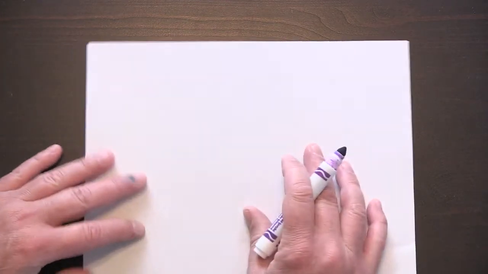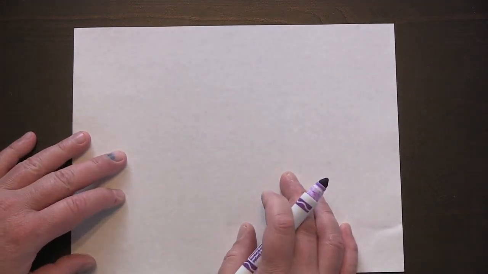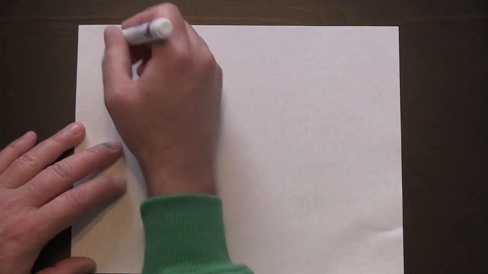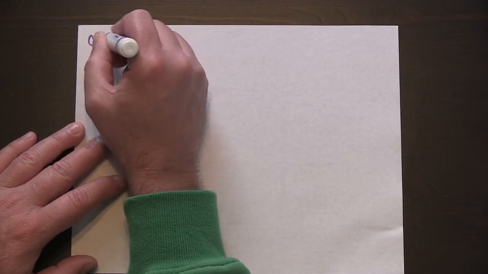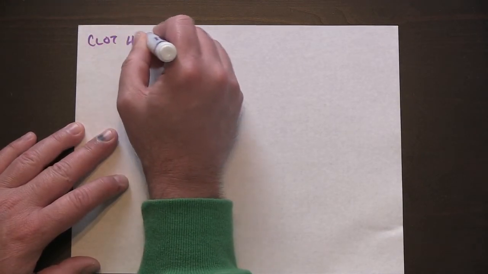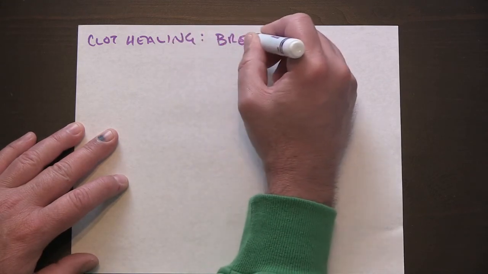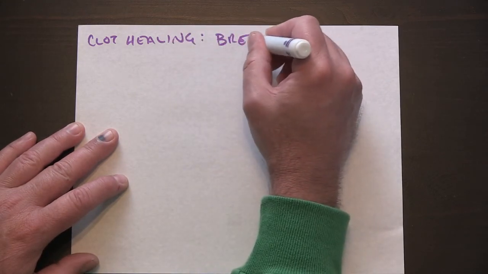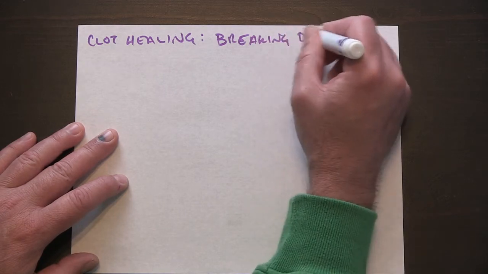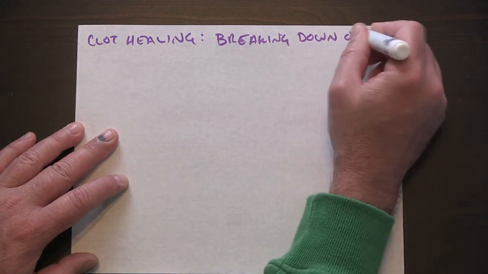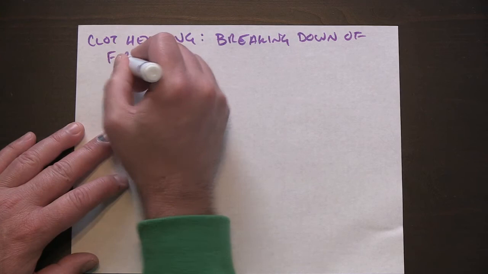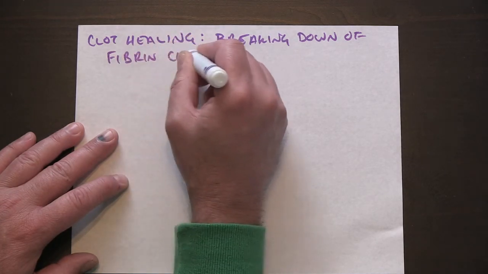After the clot is formed, you don't want it to stay there forever. So the clot healing process, let's call it, basically involves breaking down the fibrin net, the fibrin clot.